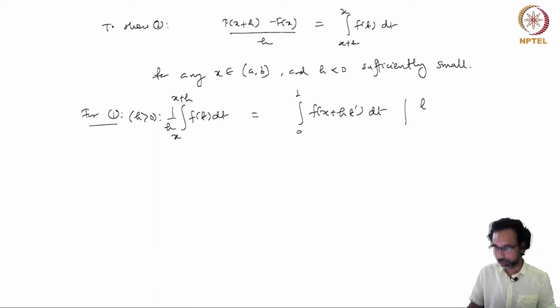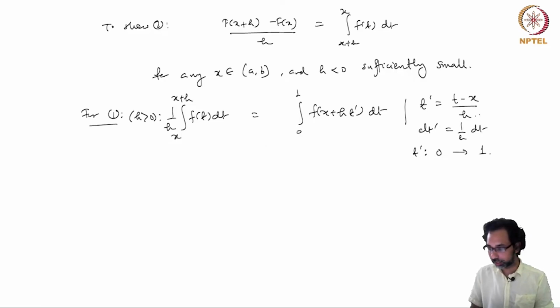So this is by a change of variables. t' is (t - x)/h, so that first of all dt' equals 1 over h dt, and t' goes from 0 to 1 because t goes from x to x+h. So here we have a change of variables and a new integral from 0 to 1, with the function f(x + ht') dt'.